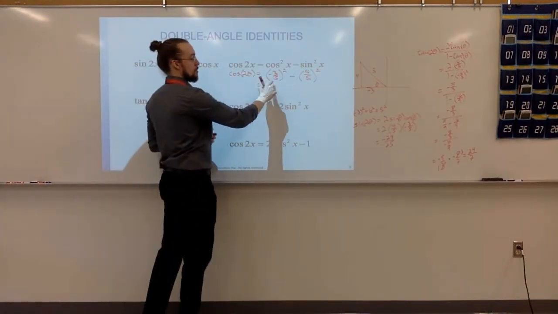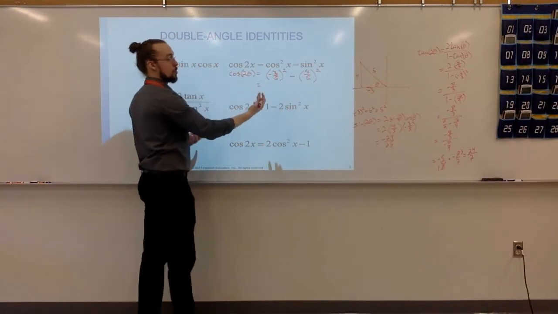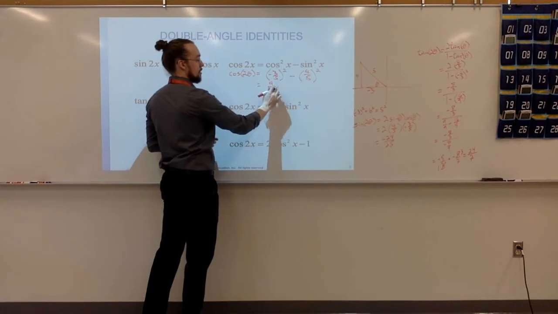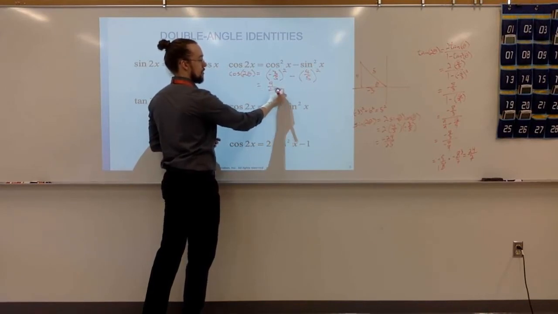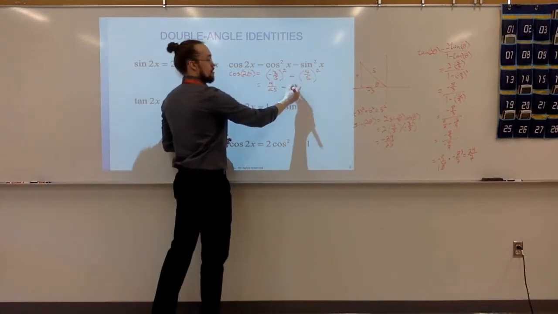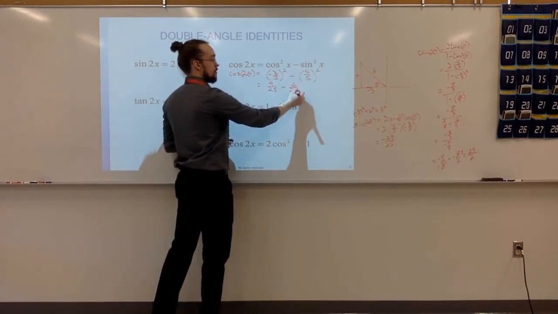Square those values. So negative 3/5 squared would be positive 9/25 minus 16/25.